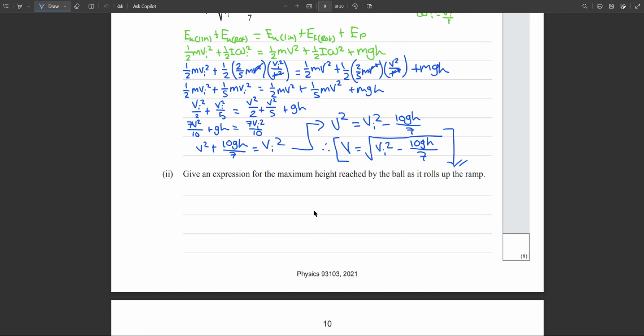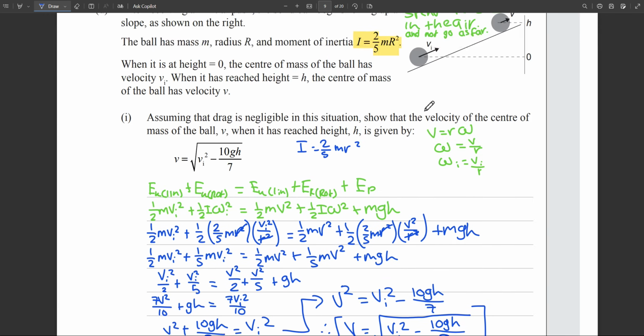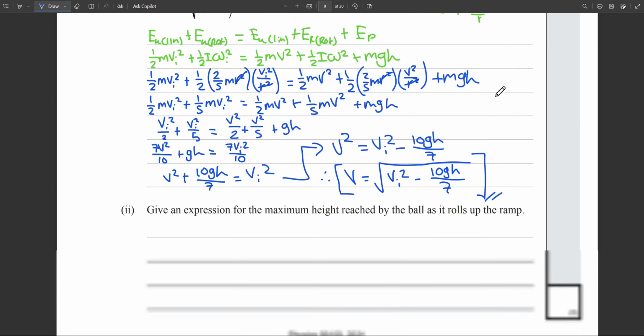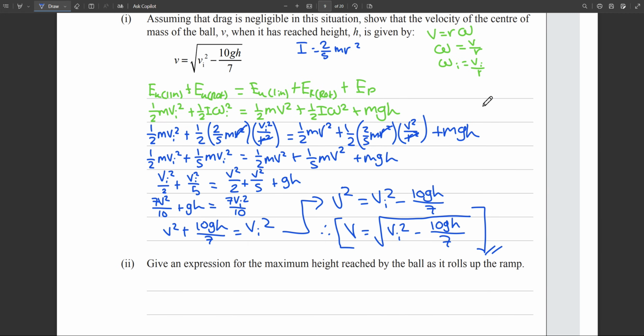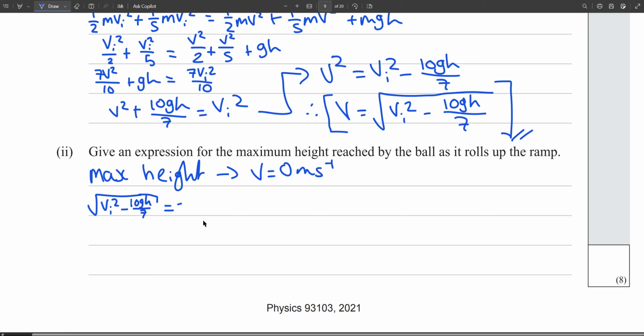And the very last question asks us to give an expression for the maximum height reached by the ball as it rolls up the ramp. The maximum height means that its final velocity v will be 0. So max height occurs when velocity equals 0. Therefore, the square root of vi squared minus 10gh on 7 equals 0.